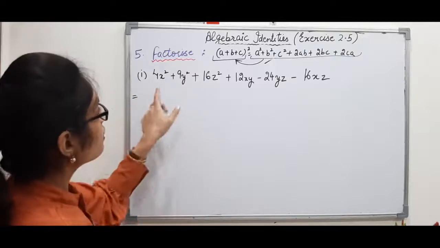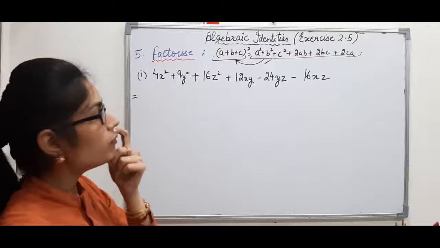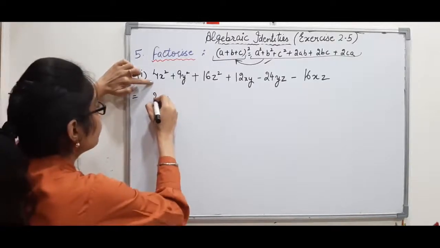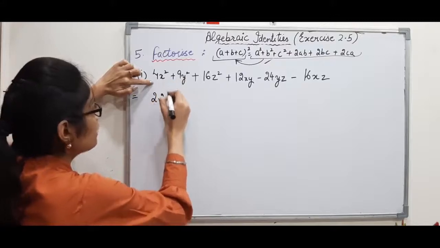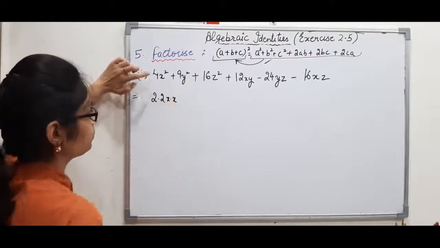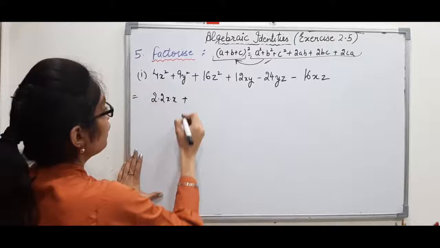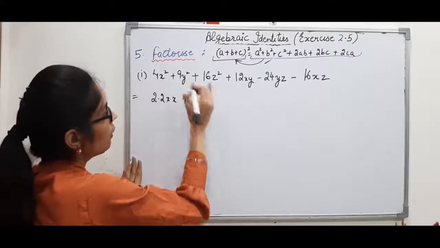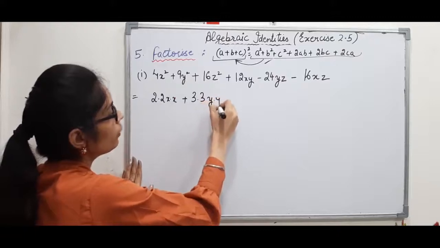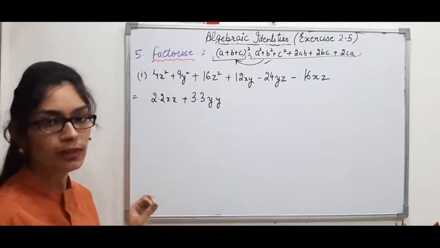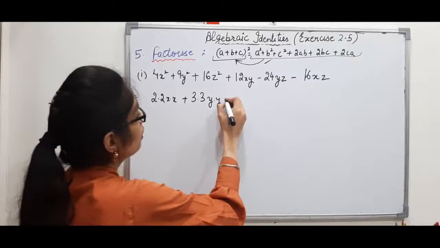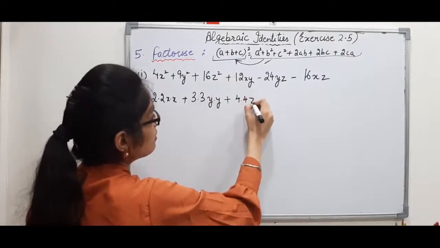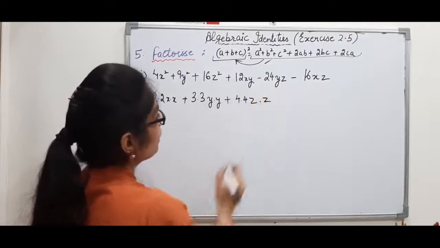See, everything here is in square form. So we will write it in simpler form. 4 we can write 2 into 2, x square we can write x into x. Plus 9, same way 9 we can write 3 into 3, y square we can write y into y. See, this dot is a sign of multiplication, don't get confused. 16 is 4 into 4, z square is z into z.